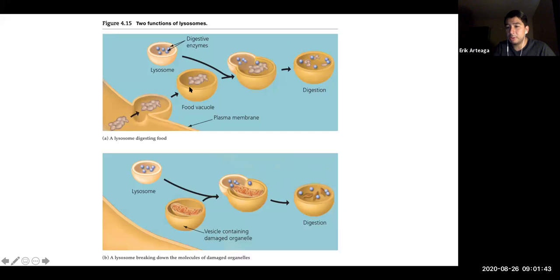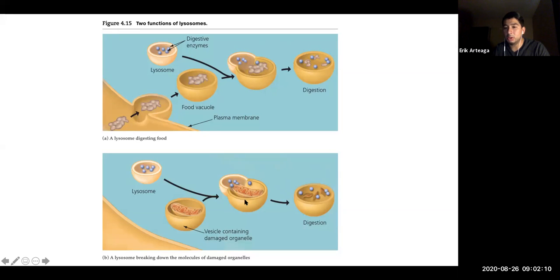So something like a paramecium or an amoeba will require lysosomes to break down their food molecules because they're actively out in the environment. Whereas we're pretty spoiled. We have a digestive system, so we can get glucose to various parts of our cells relatively quickly without too much processing, okay?